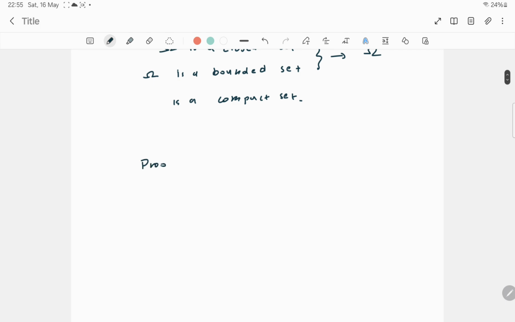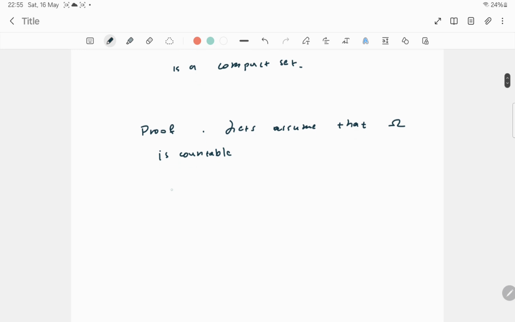Proof. Let's assume that omega is countable and start listing numbers. We are going to use the Cantor process here. We have some decimal representations: a11, a12, a13, a14, and so on; a21, a22, a23, a24.